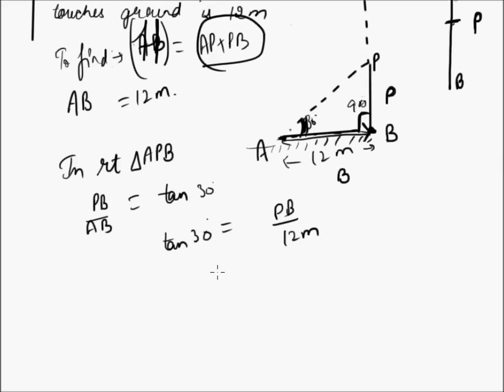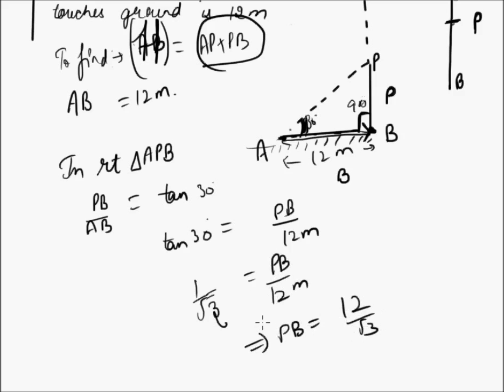Now tangent of 30 degrees is 1 over under root 3, which values have been discussed in the previous videos in the trigonometric ratios chapter. So PB becomes 12 over under root 3. The question has not been over yet.